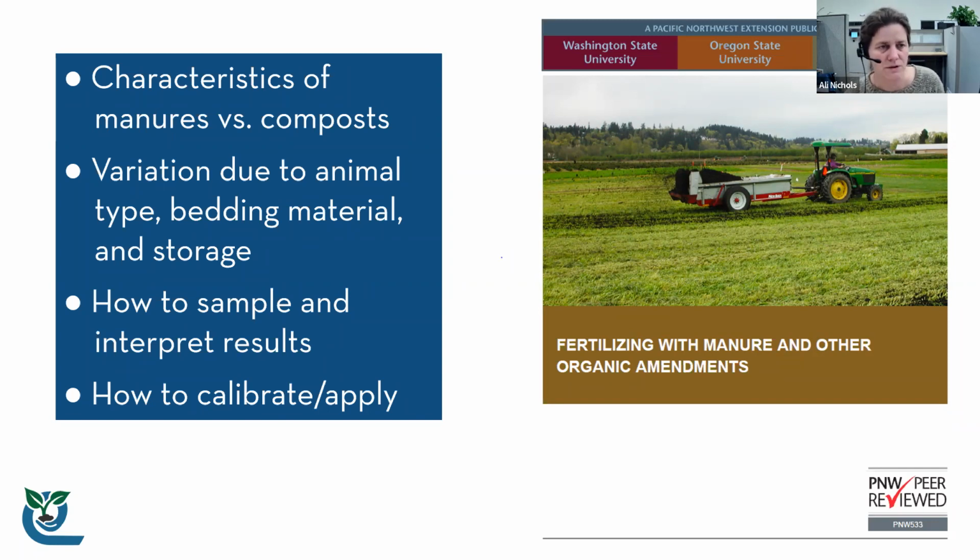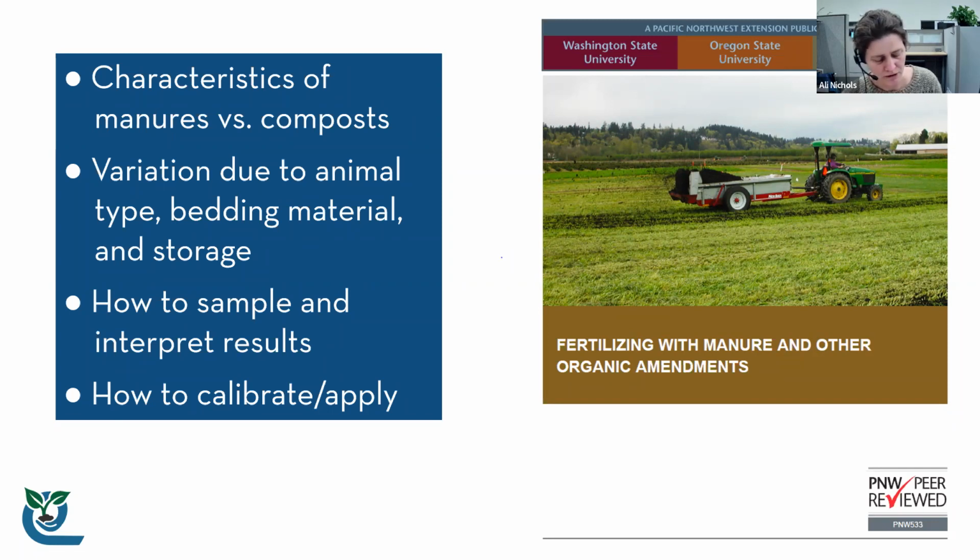A few of those really helpful tables are found in this guide, Fertilizing with Manure and Other Organic Amendments. This guide is really helpful in laying out important characteristics of manures versus composts, and how manures and composts can vary depending on animal type or bedding material or how it's stored.